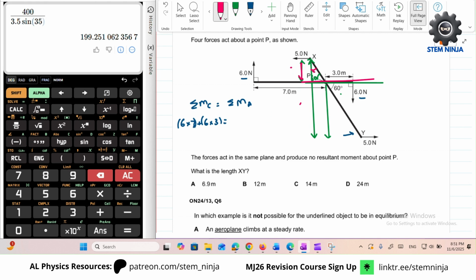So this is going to be 30 degrees, or this is 60 degrees, knowing the parallel angles. So if this is xy, this is xy sine 60. So this is going to be 5 newtons times xy sine of 60. Sine of 60 is root 3 over 2.